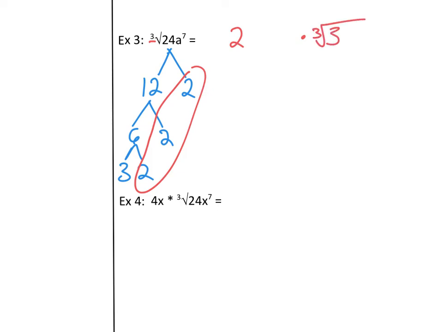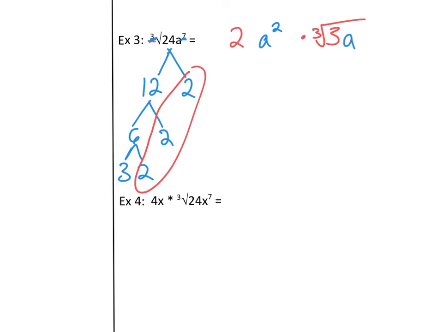What about the a's? How many groups of a's do we have? 2 groups of a and 1 a. Yep, so like we said, we can divide that exponent by the index. So 7 divided by 3, that gives us 2 whole groups. So a times a, or a squared. And then we have a remainder of just 1, right?